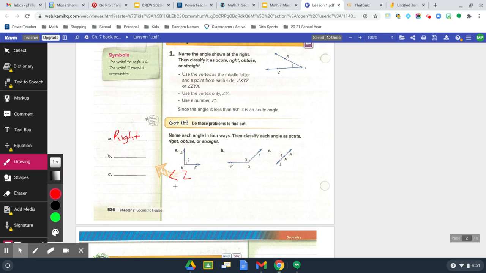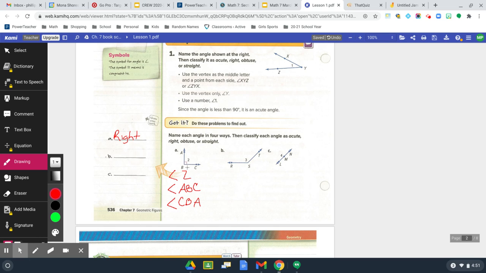We can also use the letters. Okay, so if I go alphabetically in order, this is angle A, B, C. Now I can also go the opposite backwards and say this is angle C, B, A. And there's one more way.